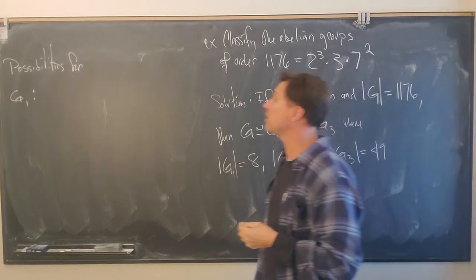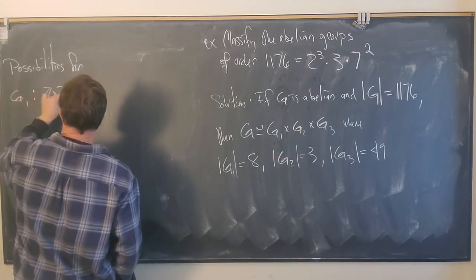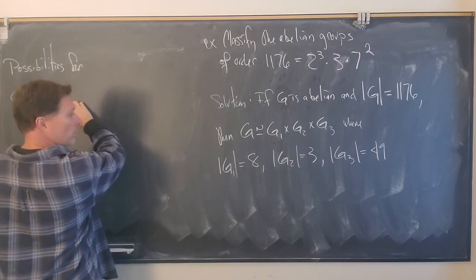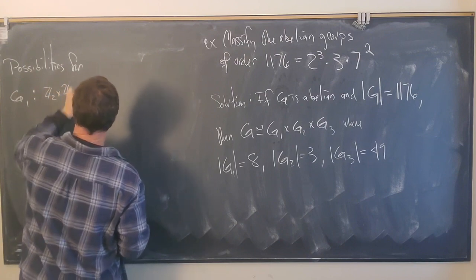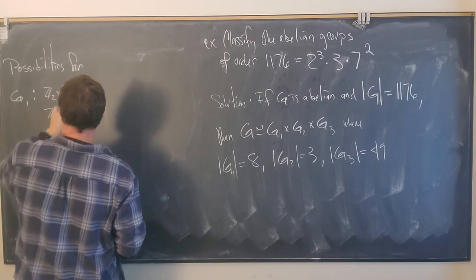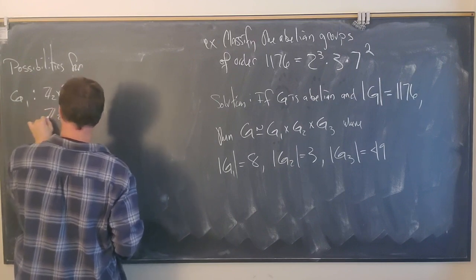So the possibilities for G1 are Z2 cross Z2 cross Z2, Z2 cross Z4, and Z8.